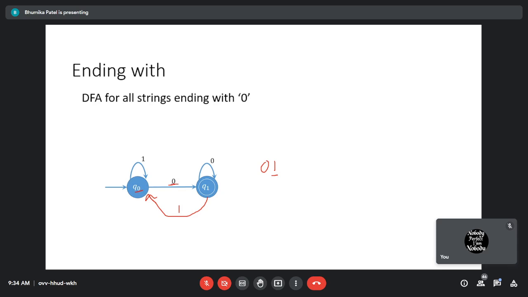But if I again read 0, from Q0 the string becomes 0, 1, 0. Should it be accepted? Yes, it is ending with 0.